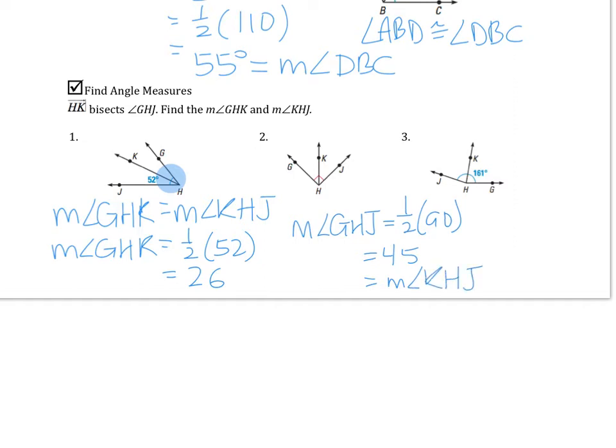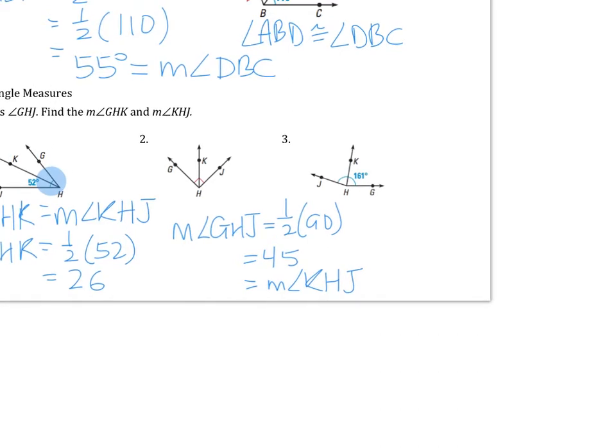Second one, same thing. You're still trying to find the two small ones, and each of them are congruent. They are each equal to 1/2 the large angle, which is 90. So 1/2 of 90 is 45. And this should be G. Let me erase.